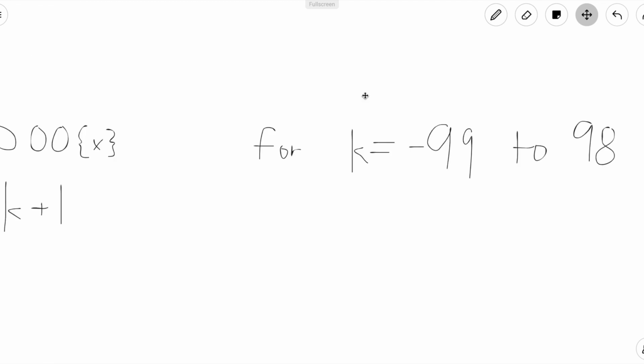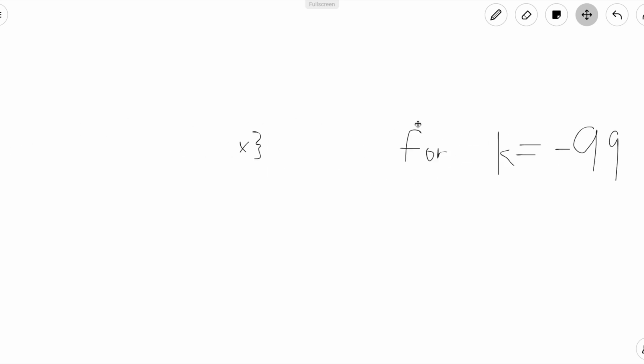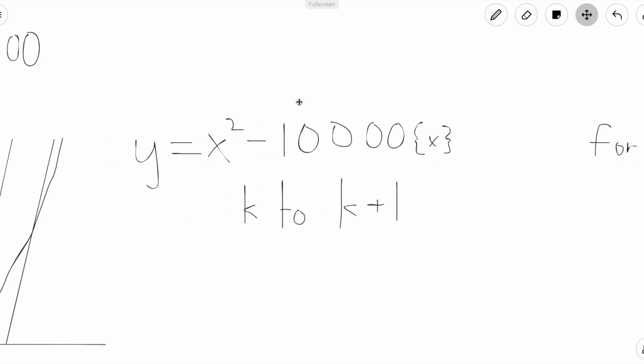We can do this for k equals negative 99, negative 98, and so on, all the way to k equals 98. But what happens when k is equal to negative 100 or when k is equal to 99? So when k is equal to negative 100, scrolling back to our equation over here, when k is equal to negative 100, we'll get y equal to 0 at x equals negative 100.